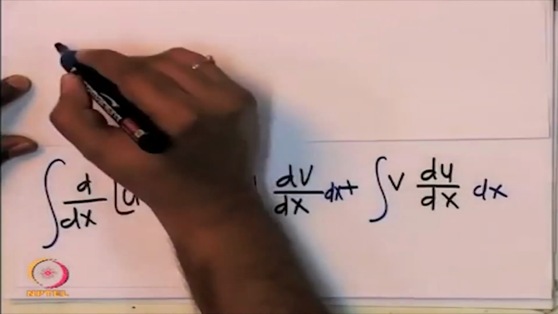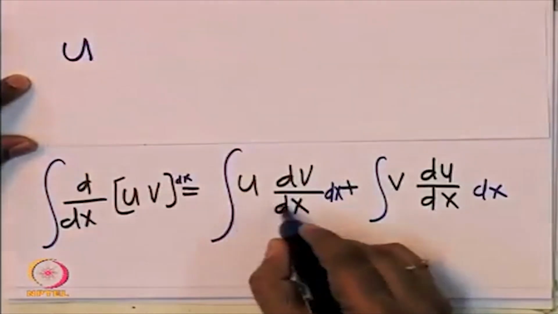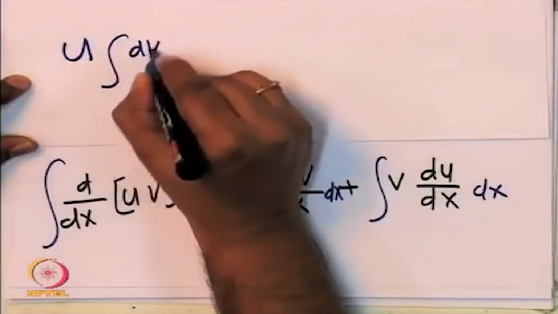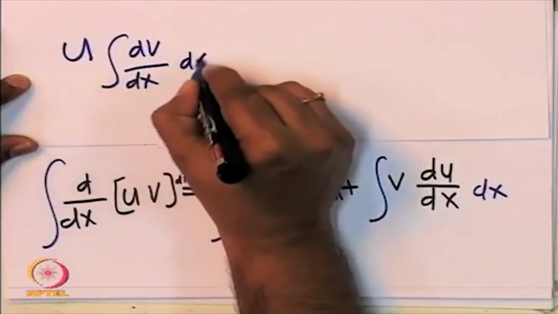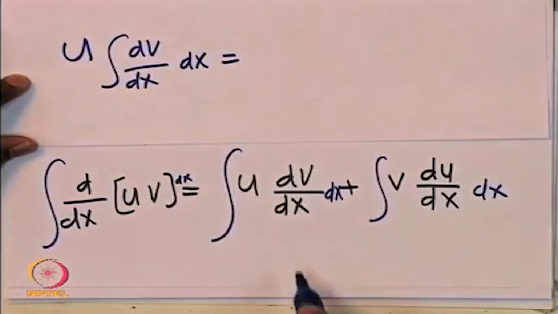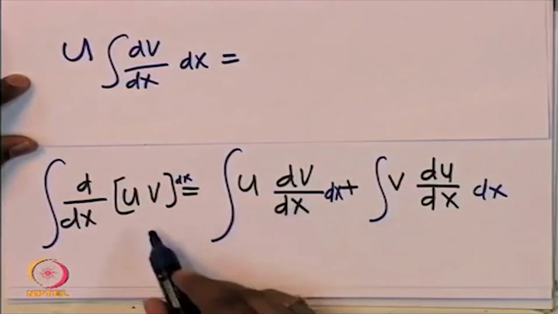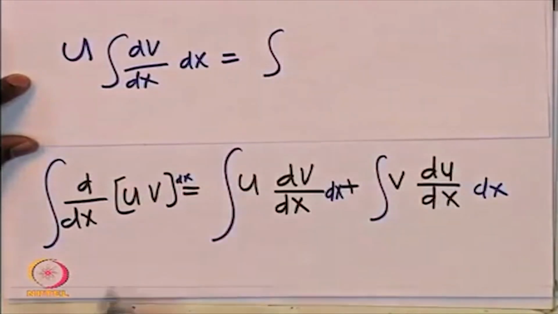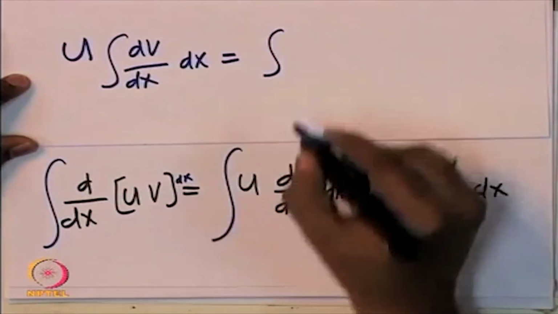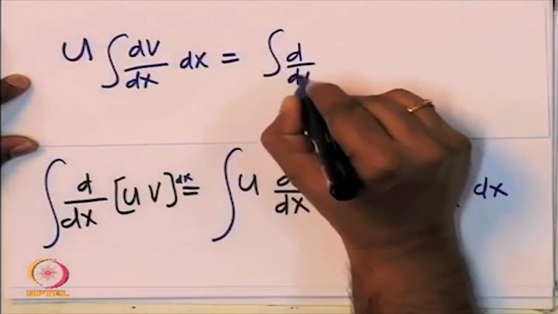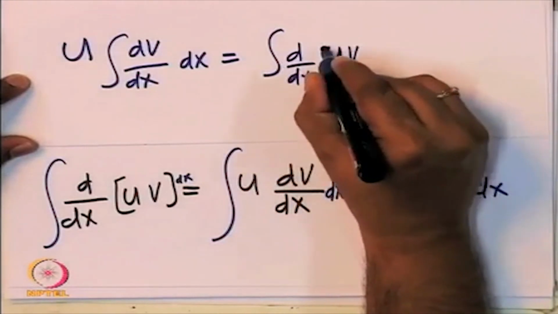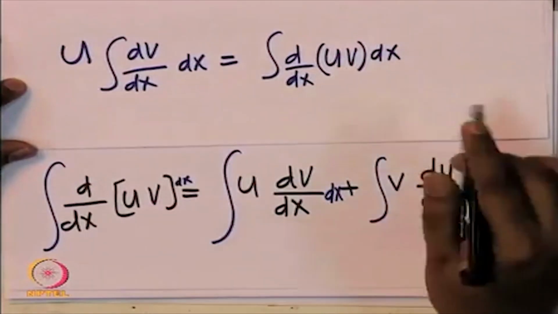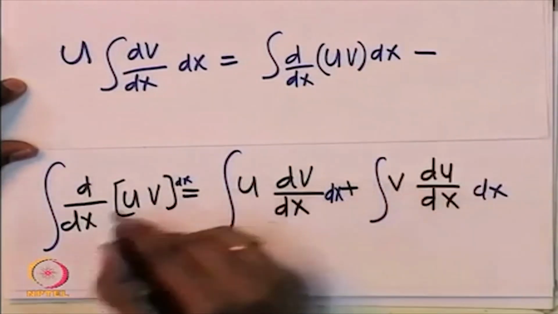I can write the integral of u dv by dx dx is equal to the integral of d by dx of uv dx, minus, I take this term to this side.